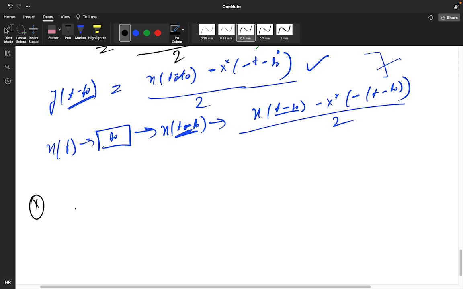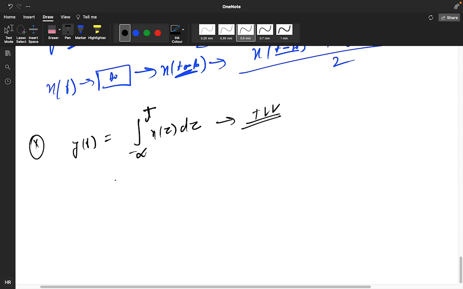Next question, y of t equals integral from minus infinity to t of x of tau d tau. There is no scaling here, so we can say directly it is time invariant. Now the fourth one, the 11th one.